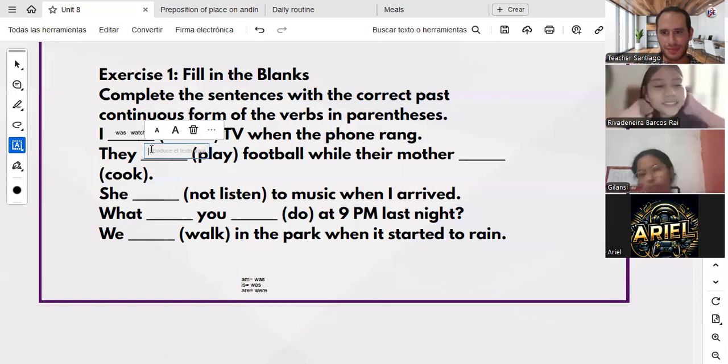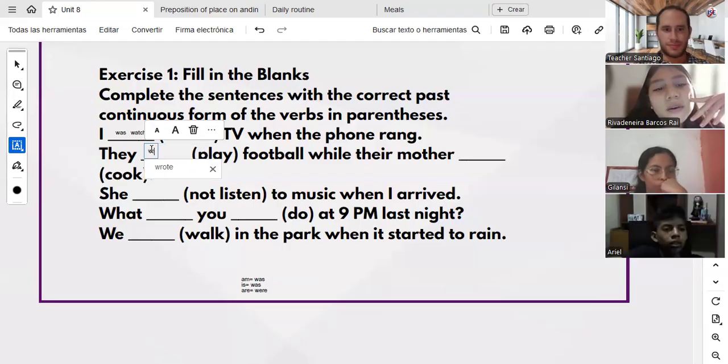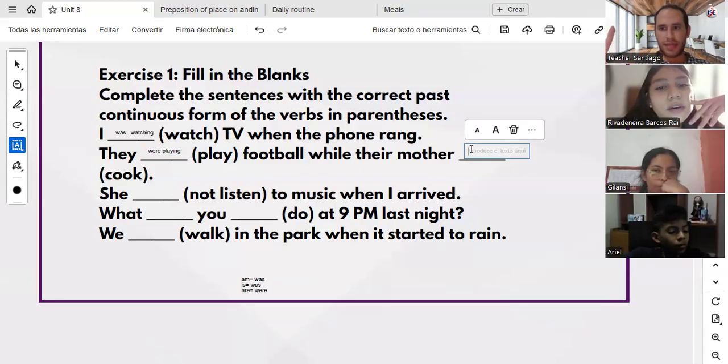They were playing football while their mother was cooking. Was cooking. Third person. Awesome, Fiorella. Thank you so much.